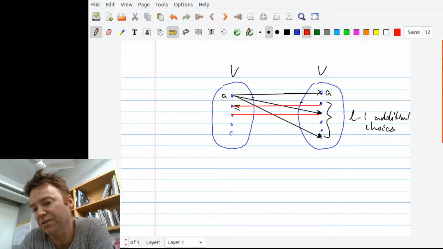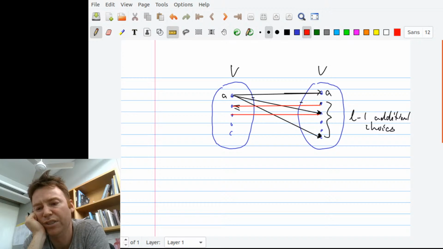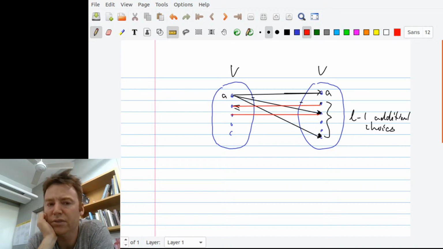It's not a function, so you're not obliged to turn them off or on. You've got 2, you think it's 2 to the L-1? Is it 2 to the L-1?